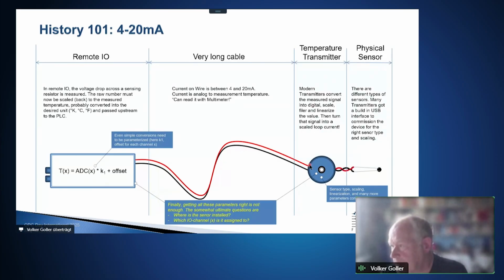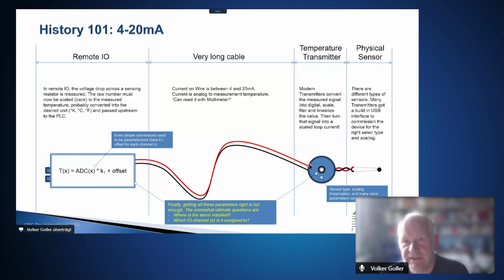The beauty of the current interface is you have 4 to 20 milliamp, not 0 to 20 milliamp. The 4 milliamp is a current that is always on the line, and that means you have about 60 milliwatt going over the line, even on idle. And from this 60 milliwatt, you can usually harvest 35, 37 milliwatt to actually power your temperature transmitter.